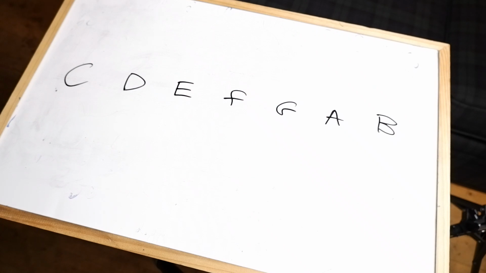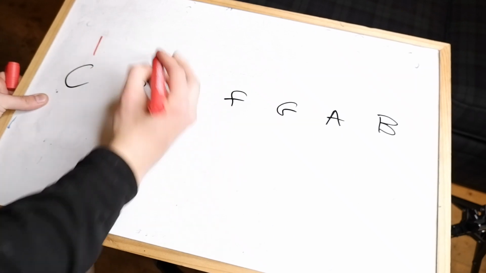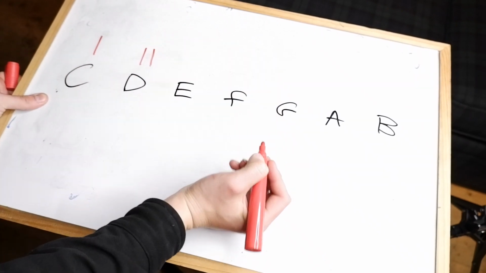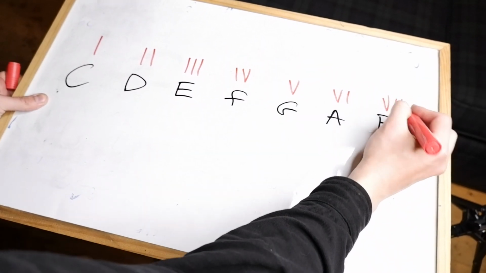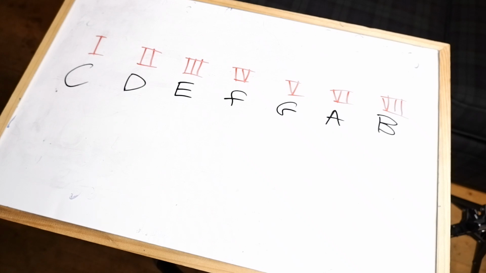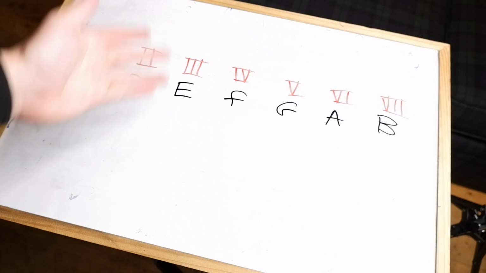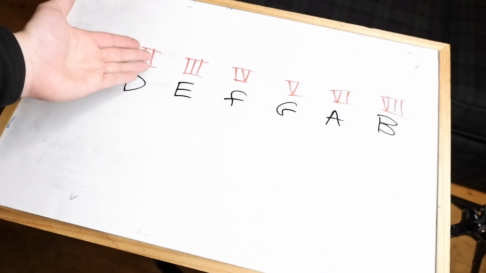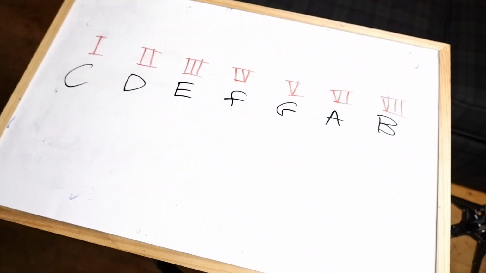And it's really easy. The first one is called 1, the second is called 2, the third is called 3, and so forth. We always use Roman numerals in music: first, second, third, fourth, fifth, sixth, seventh.